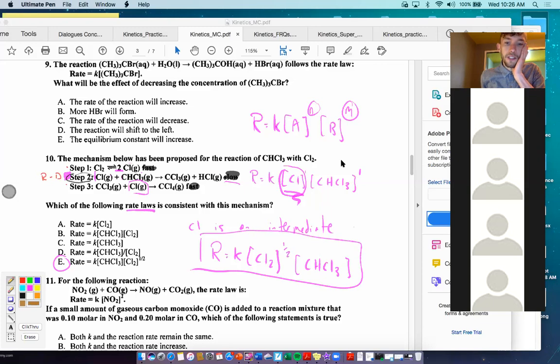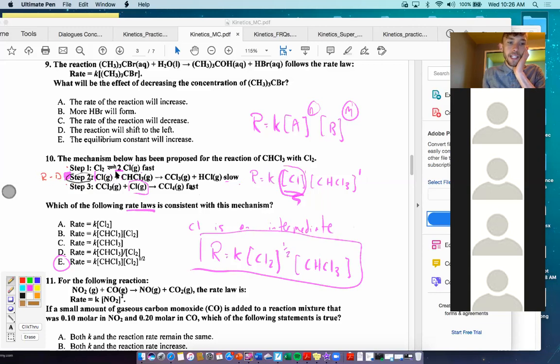Ms. New is asking, does what we use to replace the intermediate need to be on the right side of the equation or the left side? My rate law is always going to be written from the perspective of reactants. In this rate determining step, sorry, I have a lot going on my screen right now. Let me erase some things. In my rate determining step here, I had atomic chlorine as a reactant.